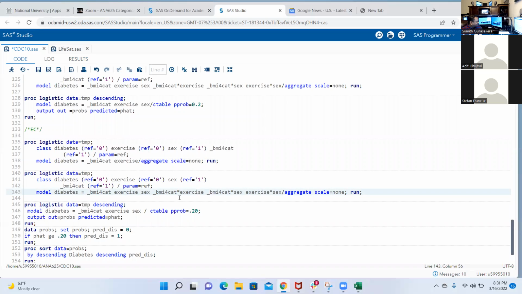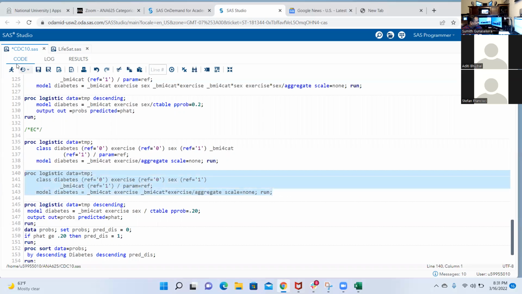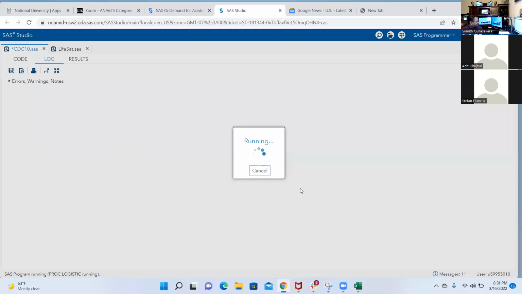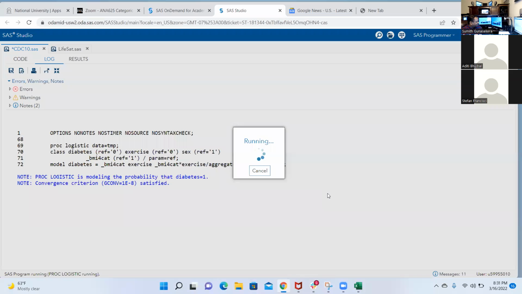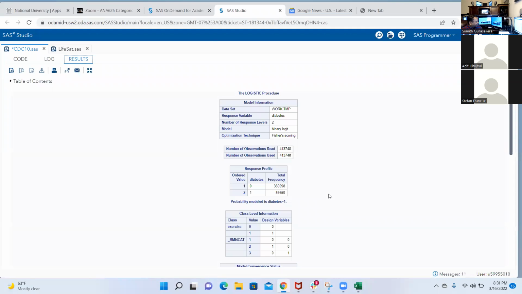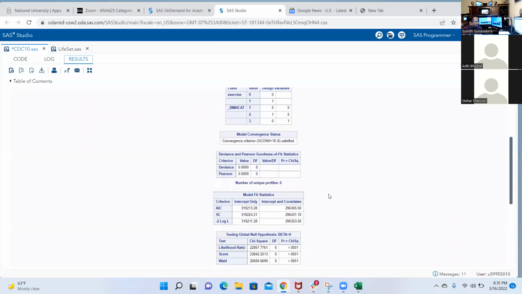Take the rest out, take the gender out. Now run that one and see the deviance.